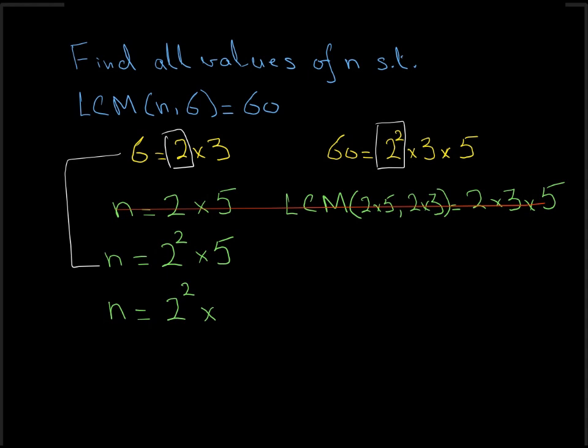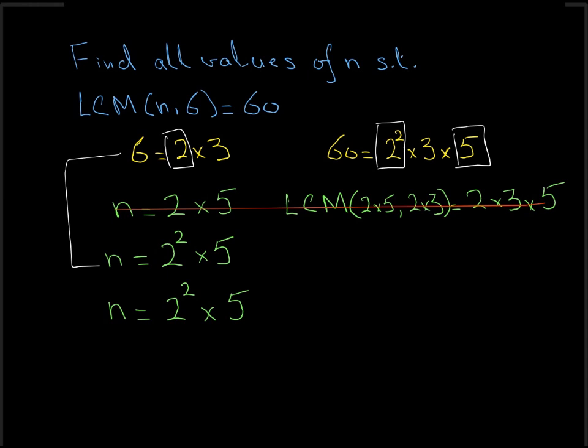That's a requirement. Similarly, 6 doesn't have a 5, but 60 has a 5. So I need a 5 in my n. That's not an option. But now note, 2 squared times 5 must appear in n. But there is an option.